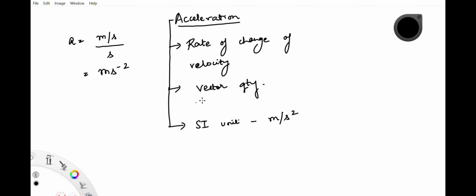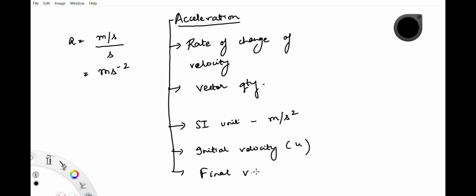Again, if we talk about rate of change of velocity, we also have to take care of two terms. One is the initial velocity, which is represented by u, and the final velocity, which is represented as v.